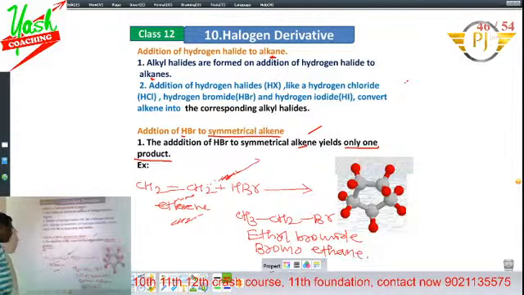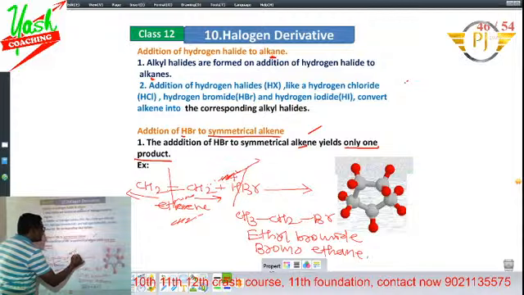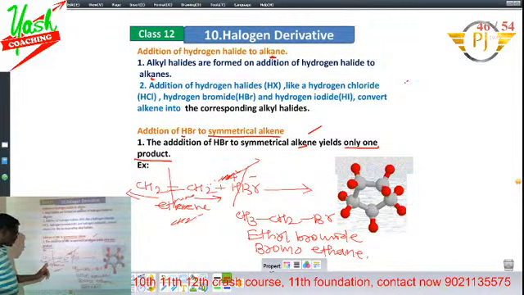In this way, because the alkene considered is symmetrical, if you cut the molecule across the carbon-carbon double bond, we get two symmetrical parts. So whenever this unsymmetrical reagent is added to this carbon-carbon double bond, there is no problem. Hydrogen gets added here and bromine gets added here.